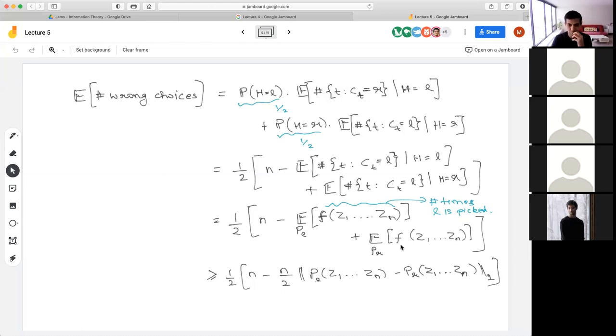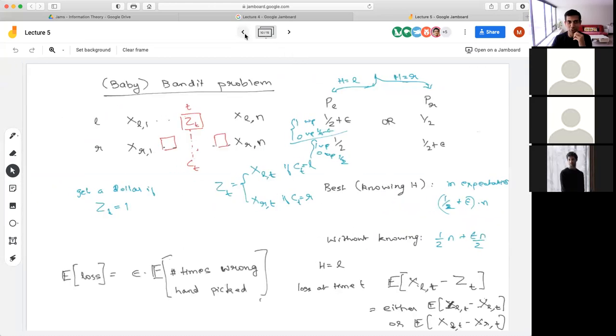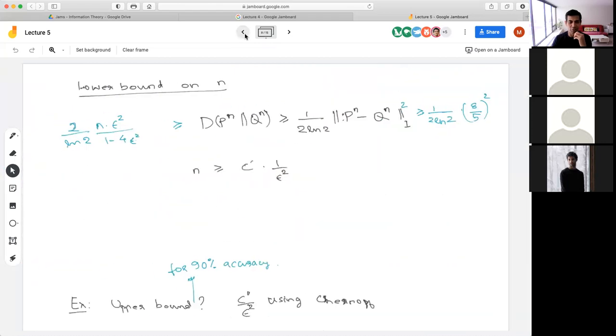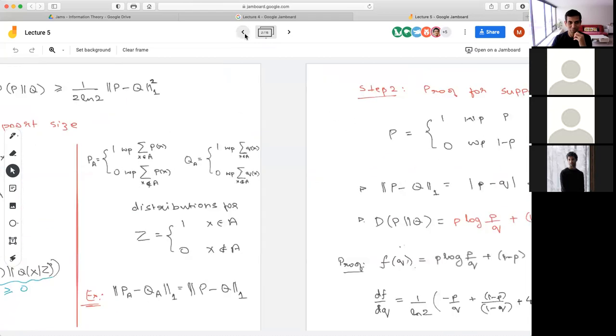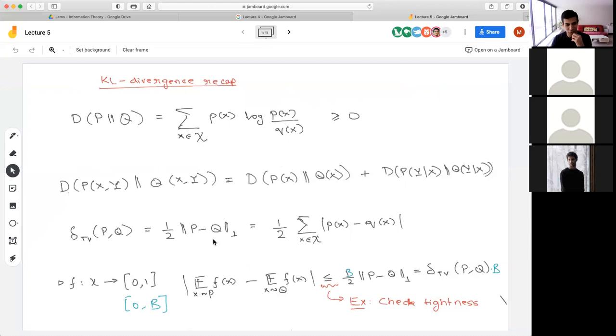Okay, another thing: if you're going to invoke the inequality on the first line, isn't the f supposed to be an indicator function, so it only outputs 0 and 1? No, it works for any function which takes values between 0 and some bounded value b. Right, I saw you modified this. Yeah. In fact, when we proved it last time, we also stated this.